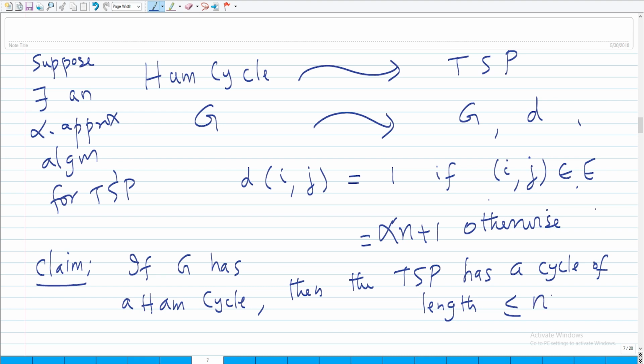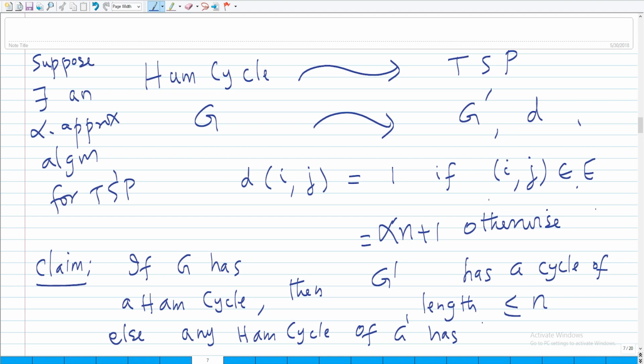Let me write the claim and then I will come back to how we are going to use this. Else, any Hamiltonian cycle, so let us actually call this G prime, right, of G prime has length strictly more than alpha n, right, because it must use one of these edges. Okay. So, this claim is clear.